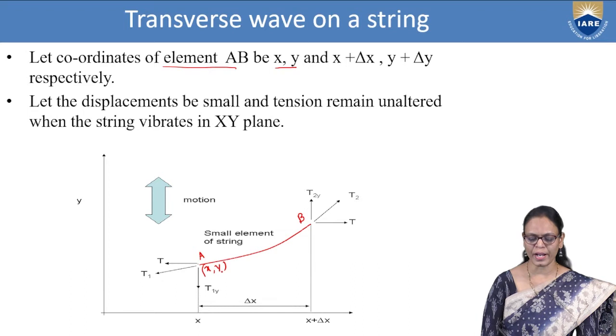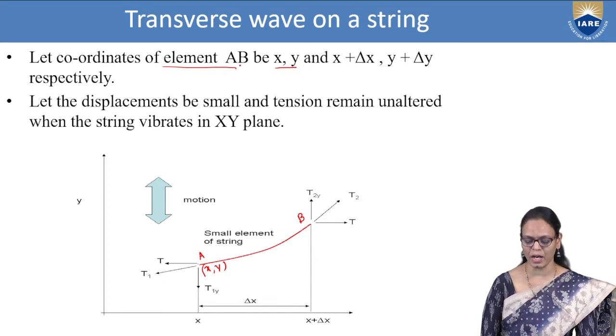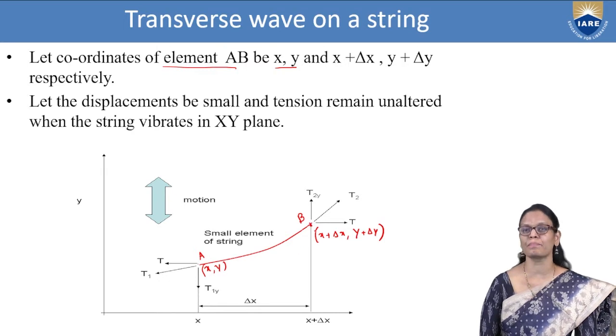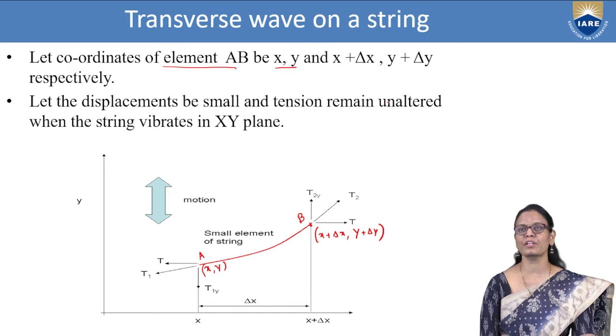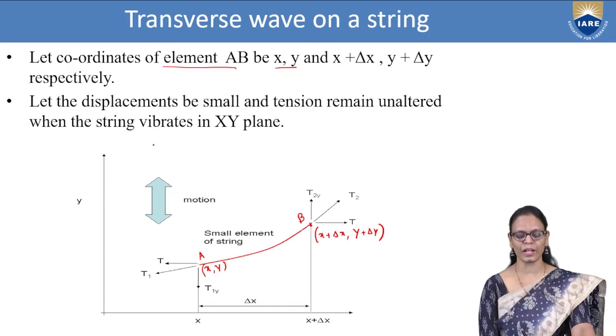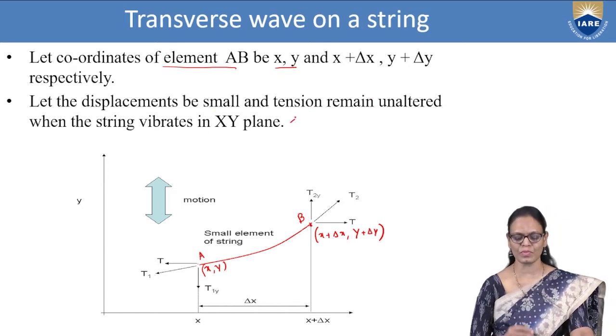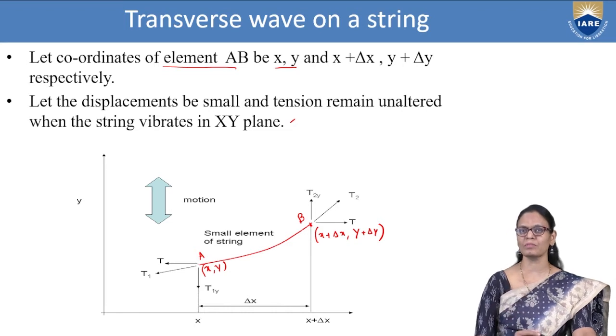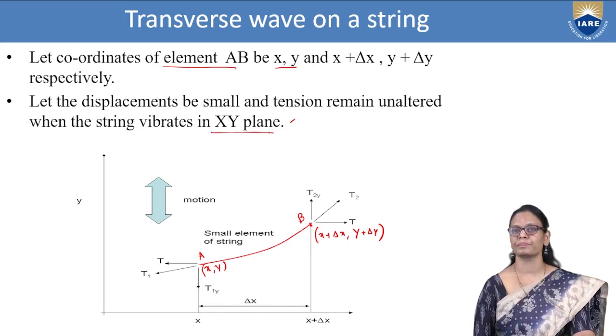And the coordinates of B are x plus delta x and y plus delta y. And let the displacements be small and the tension remain unaltered when the string vibrates in the xy plane. So how is the string vibrating? Up and down in the xy plane.